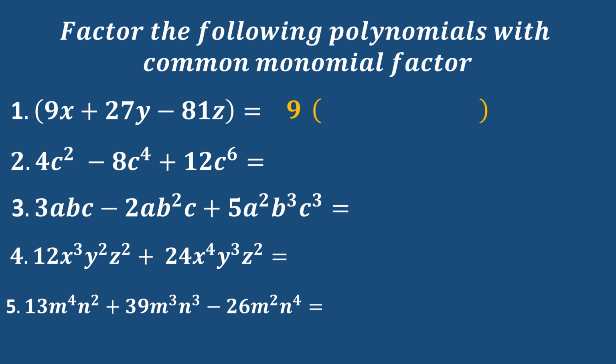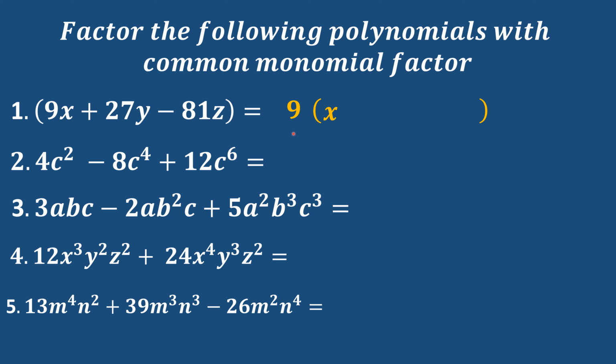That 9 will divide the first term, which is 9x. So 9x divided by 9, of course, the answer will be x, because if we multiply back 9 times x, it will give us 9x.